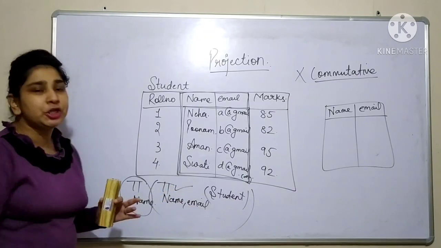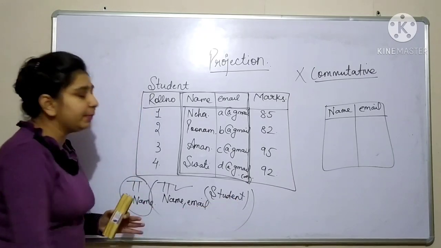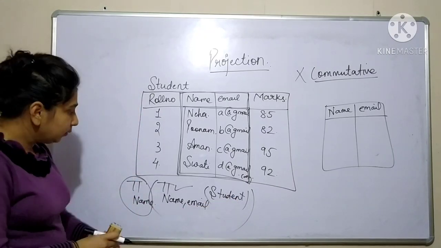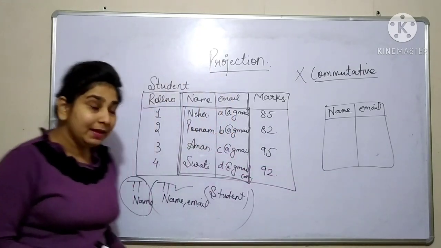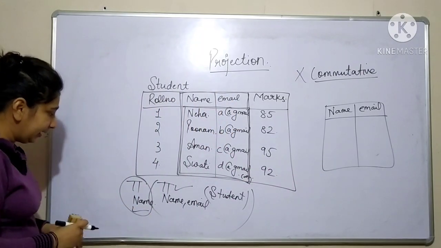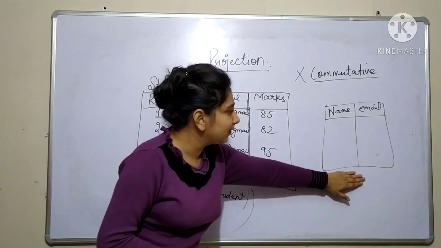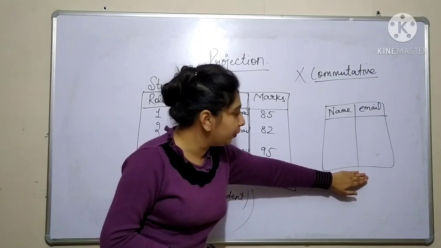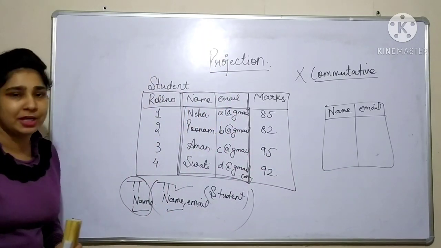This first projection operation we apply on the complete table. Now we got some output relation. The second projection operation you would apply on this new output relation, which you got from the first projection operation.